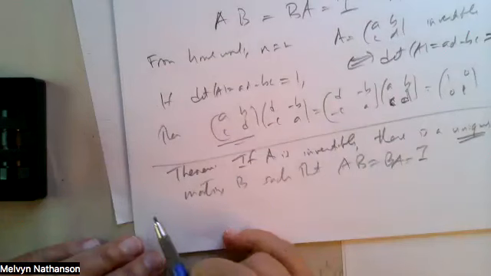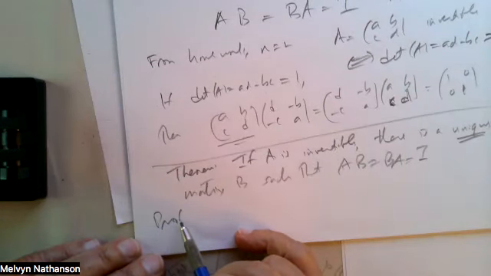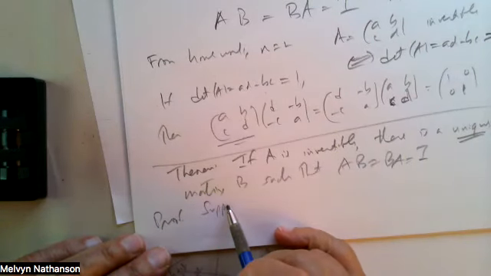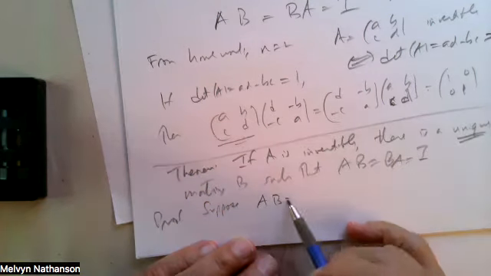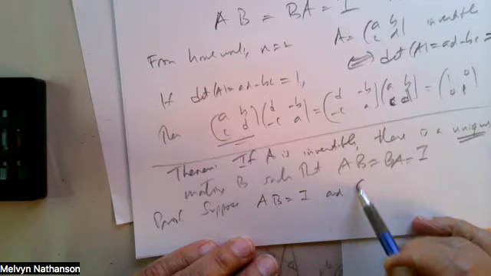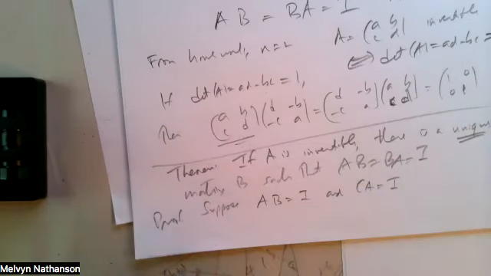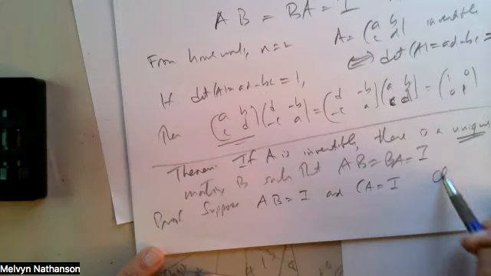And let's prove that. So suppose we have matrices B and C, and AB is the identity, and CA is the identity. I claim B is equal to C.